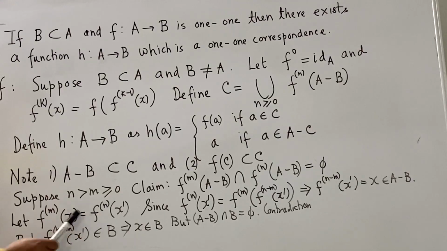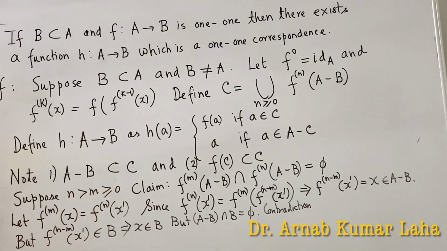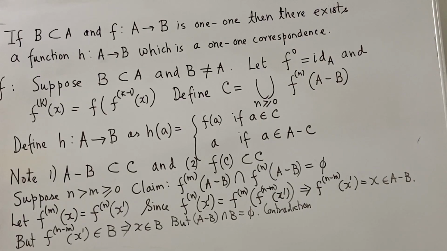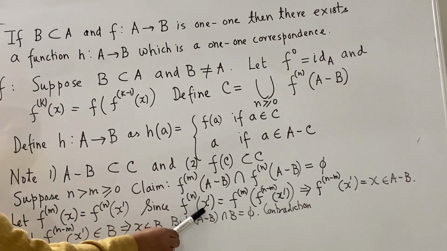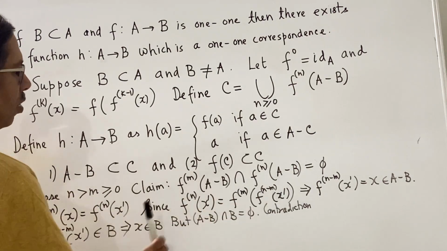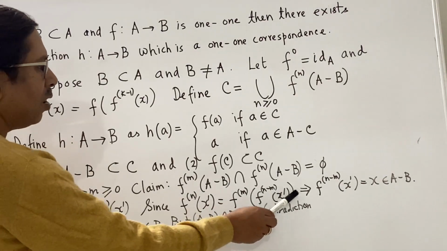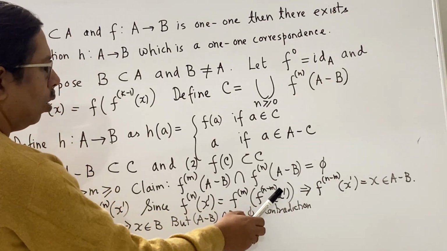Now if this happens, then we would have an element in this set f^m, but we note that f^n(x') is f^m(f^(n-m)(x')). So that is by the definition of f^n. Now that would mean that f^(n-m)(x') is equal to x.